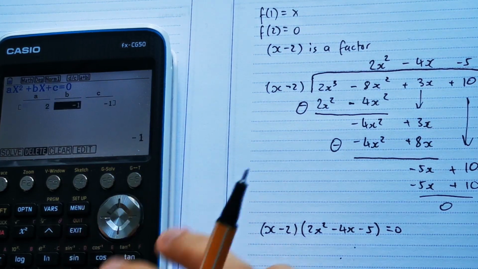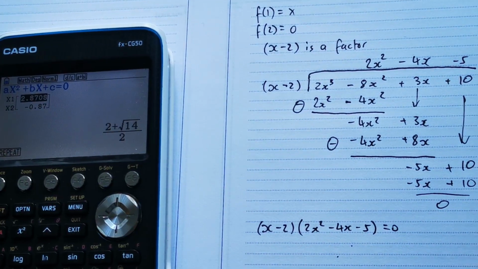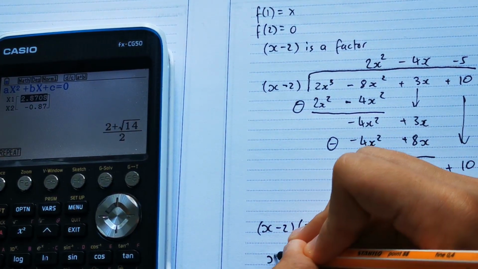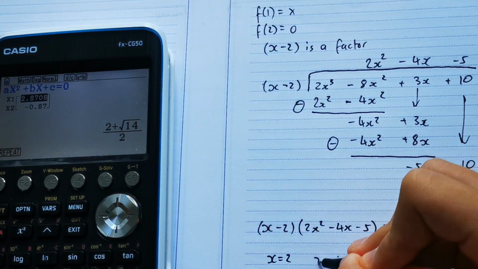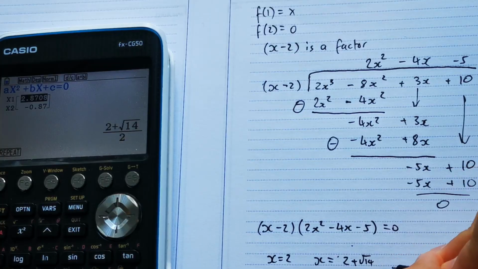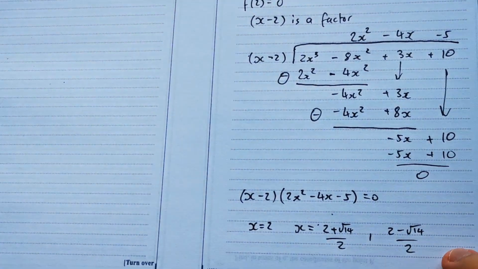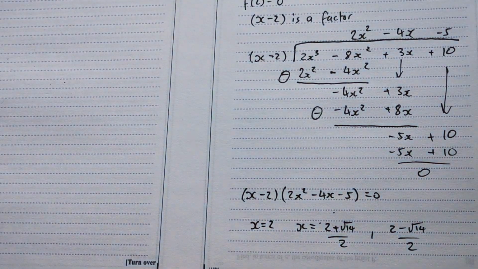Nope. 2 minus 4 minus 5. And we get x equals 2, x equals 2 plus root 14 over 2, and 2 minus root 14 over 2. And you know what? You can leave it like that. Those are completely acceptable answers.